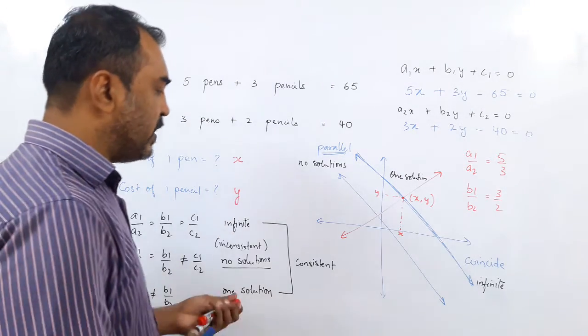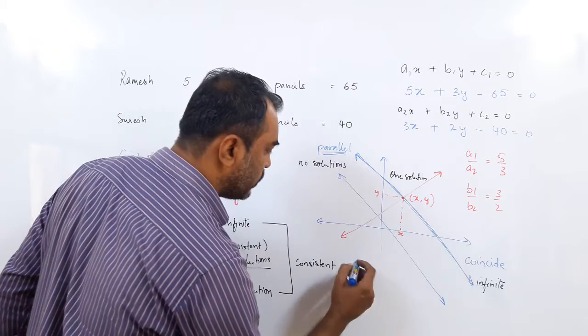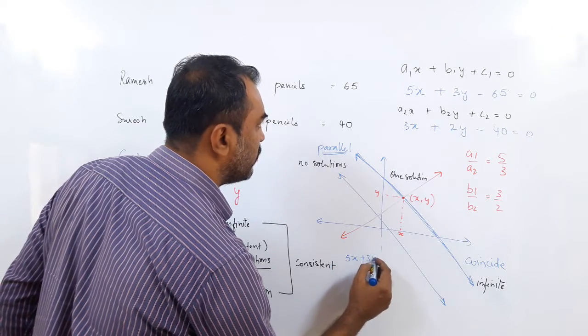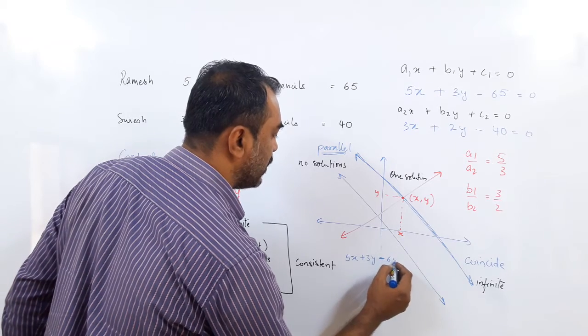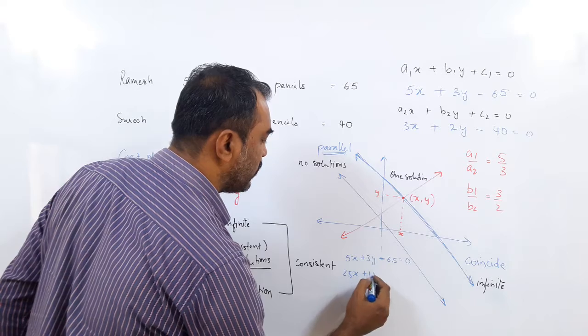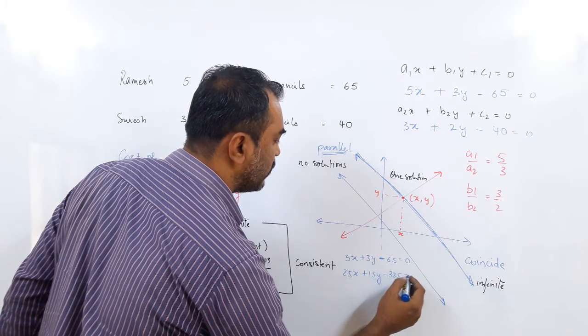So let us write an example. Let us say we have 5x plus 3y minus 65 equal to 0, and 25x plus 15y minus 325 equal to 0.